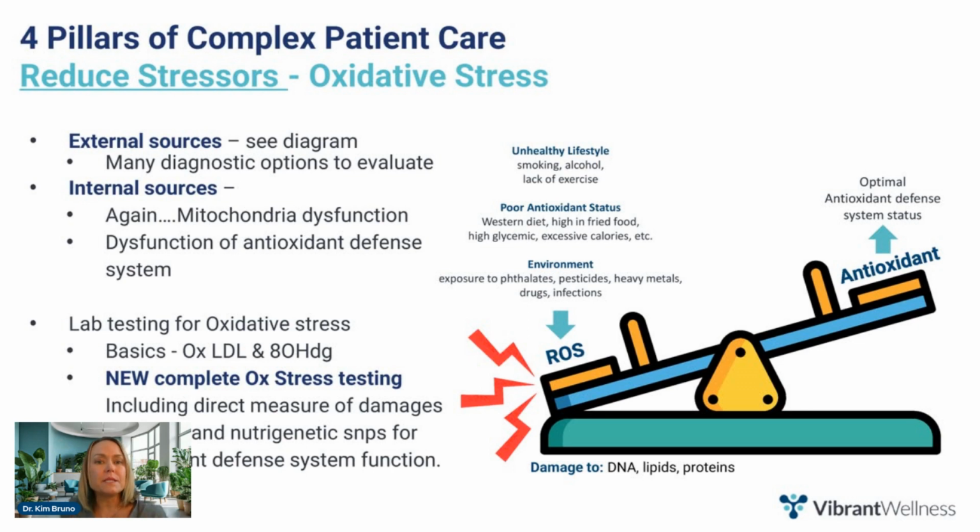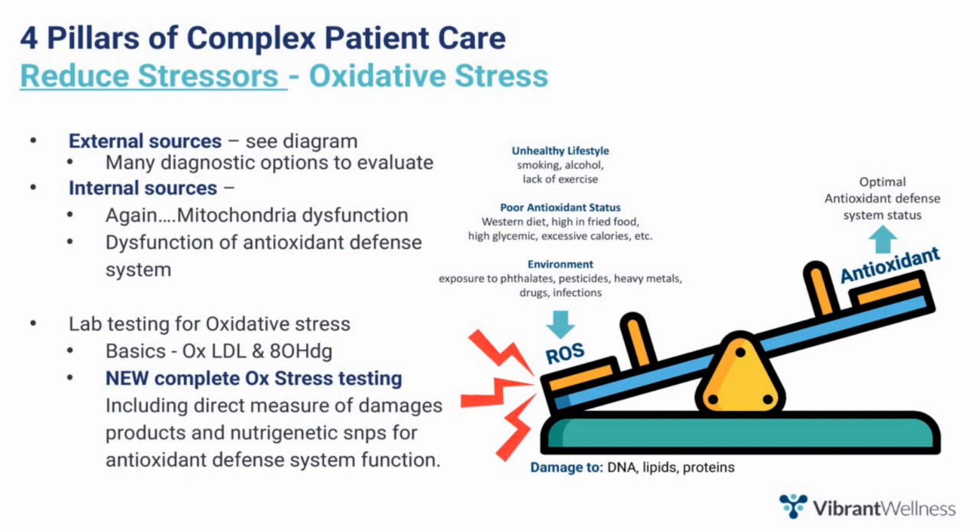Now, Vibrant just recently came out with our oxidative stress testing, where you can do the direct measure of damaged products, but you can also test those nutrigenetic SNPs for the antioxidant defense system.